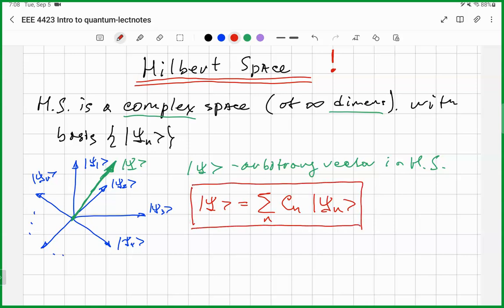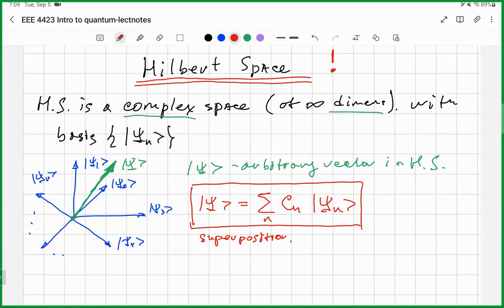Okay. So in quantum mechanics, we say superposition, meaning that a given system can exist in different states, psi1, psi2, psi3, psi4, etc. So these are eigenvectors, eigenstates of a system.